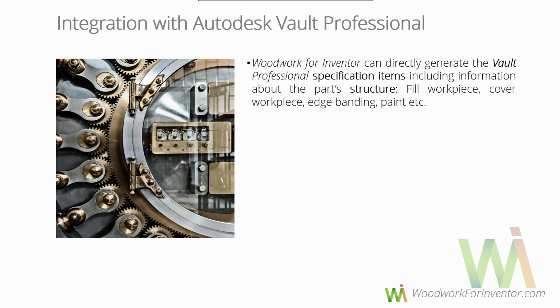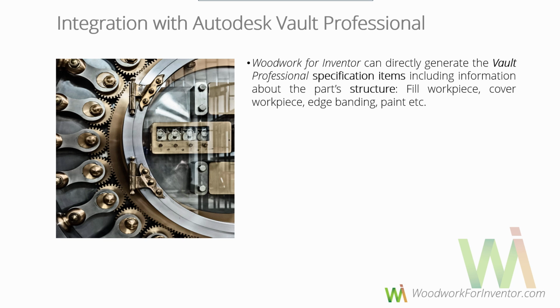So first of all, Woodwork for Inventor is capable of directly generating specification items of Autodesk Vault Professional, including information about the part structure, like the workpiece, the cover workpiece, the edge banding, the paints, and so on. As you understand, in plain Inventor, a part which is designed in Inventor is one single item and nothing more.